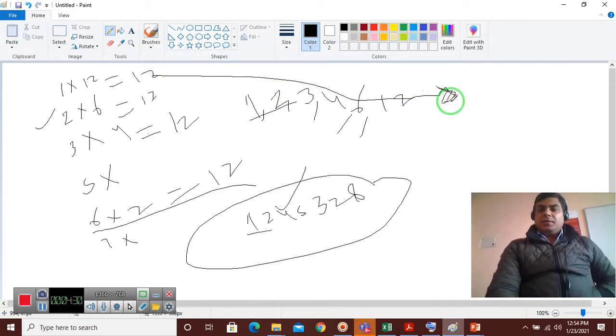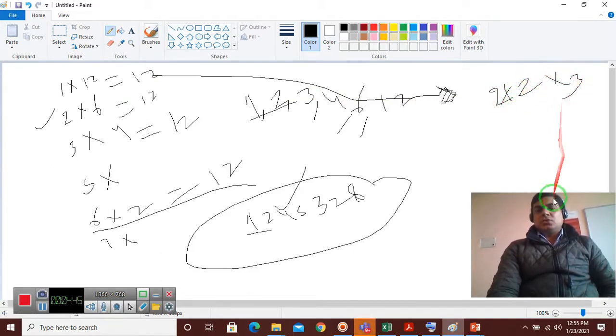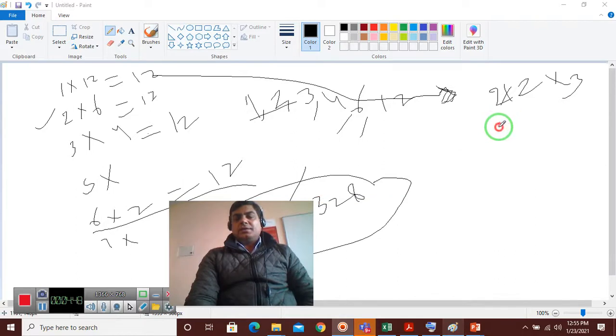Any number can be represented in terms of prime numbers. So write 12 in prime numbers: 2 into 2 into 3, which we write as 2 to the power 2 and 3 to the power 1. Now make ordered pairs, start with 0 and reach up to 2: 0, 1 and 2.